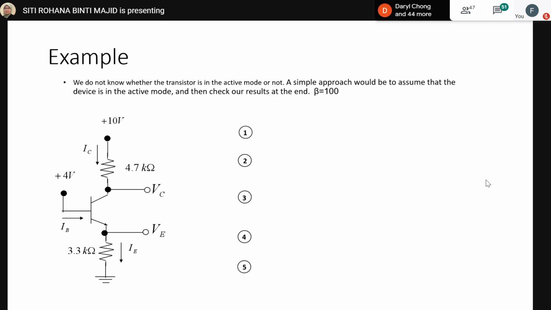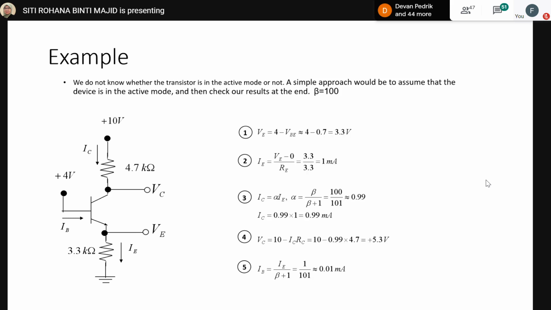Let's start with a simple diagram here, which has IB and the source VBB, which is 4 volt. The values of the resistances are indicated in this circuit. Let's start with number one, which is the value of VE.